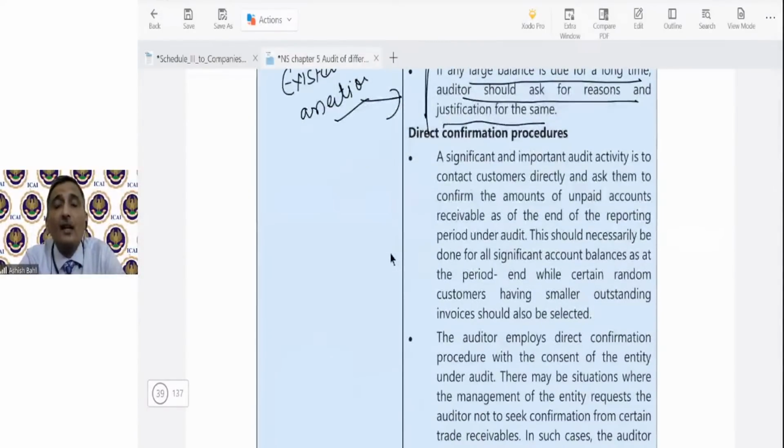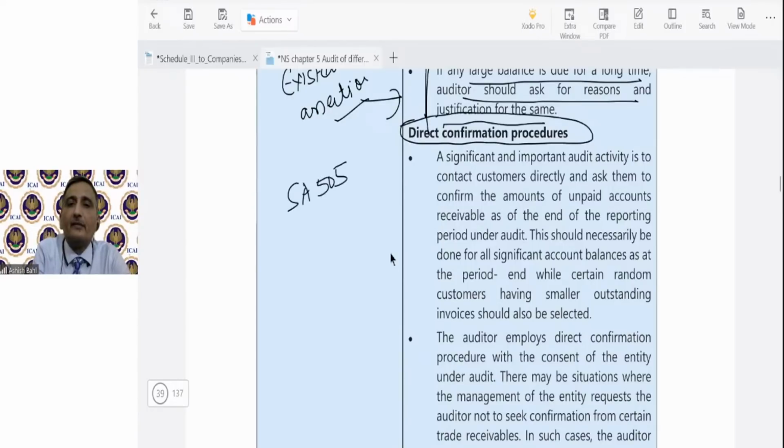And one most important procedure relating to existence assertion is direct confirmation procedures, which you have already read in SA 505. So students, as we have read in SA 505, these requests are sent directly by the auditor to the confirming parties.